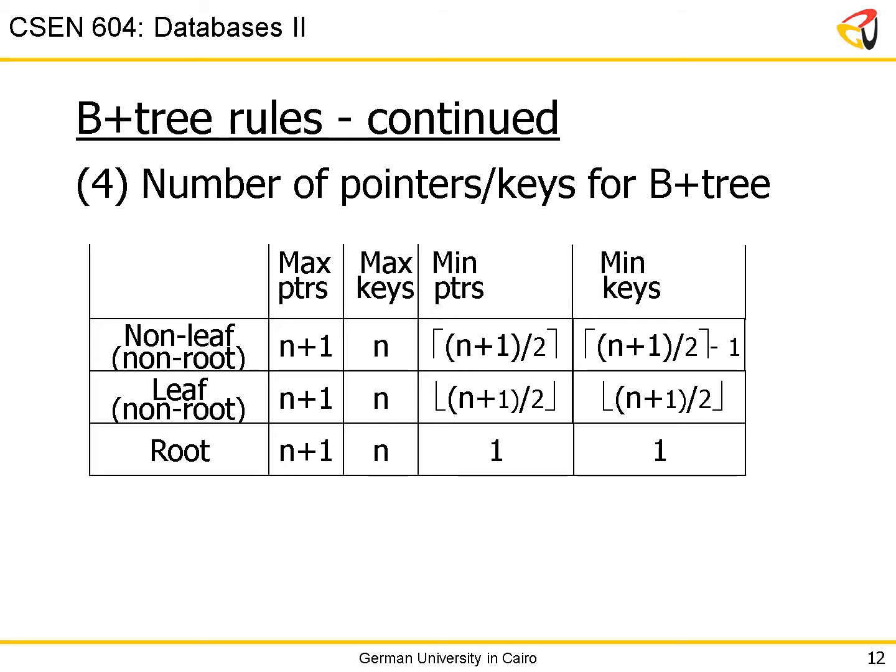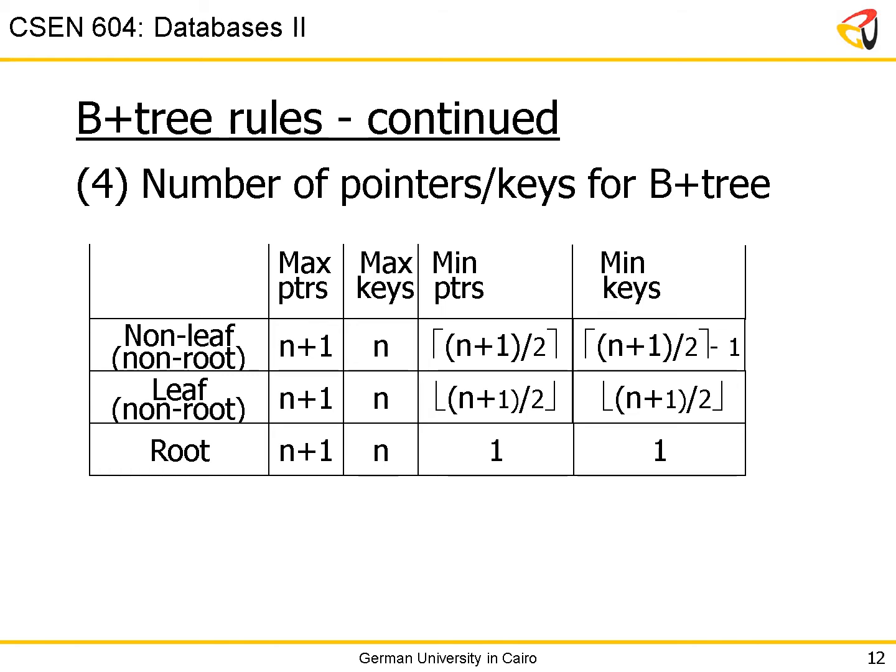So this is fixed for all the 3 types of nodes we would have: the root, the leaf, and the non-leaf. Now, the minimum number of pointers to the leaf and the non-leaf we've already discussed. For the non-leaf it's n plus 1 divided by 2 ceiled up, and for the leaf it's going to be n plus 1 divided by 2 floored down.